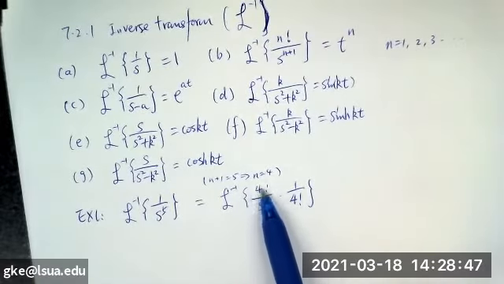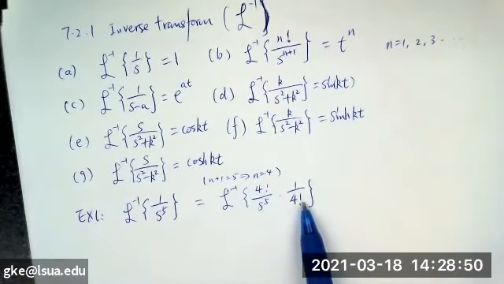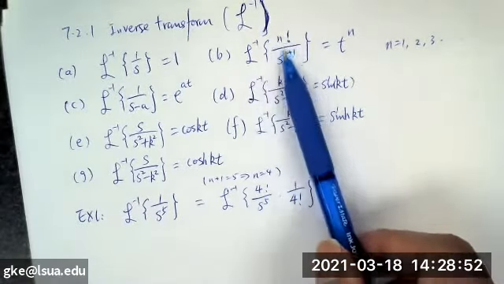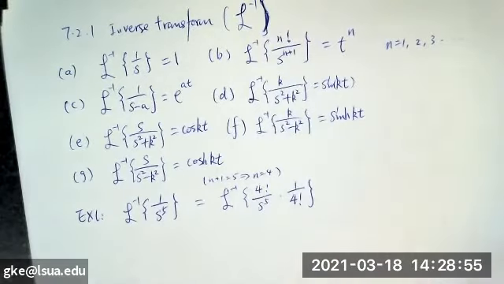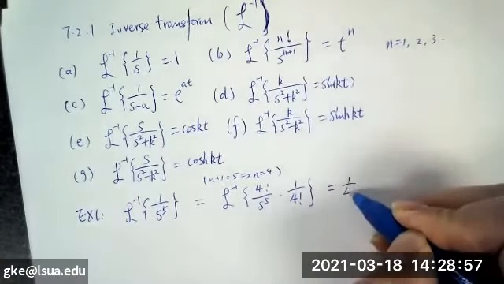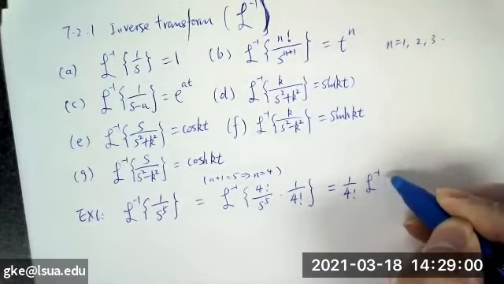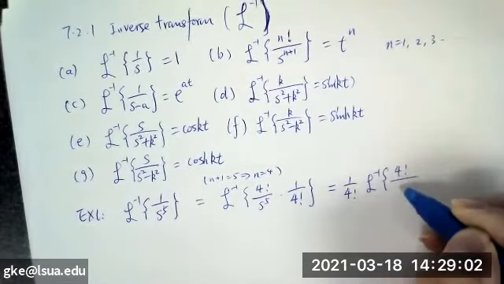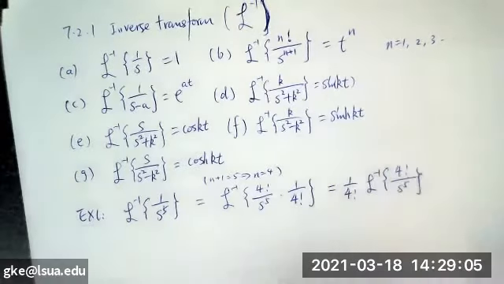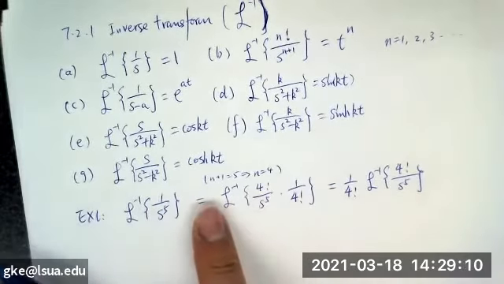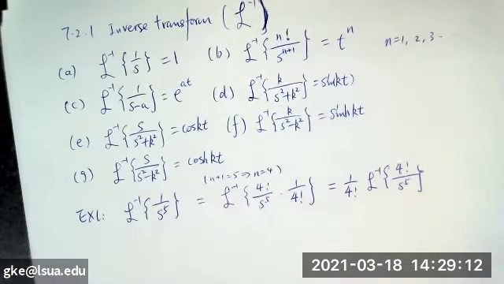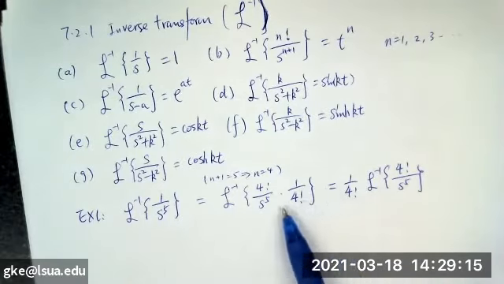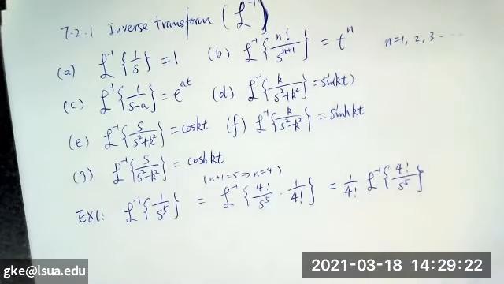We multiply by 4 factorial, then divide by 4 factorial. You can see it. So now, okay, we can put this constant out of this inverse transform. We can always put a factorial or a constant out of this inverse transform. Okay, we got this guy.